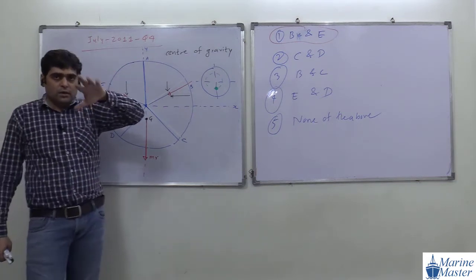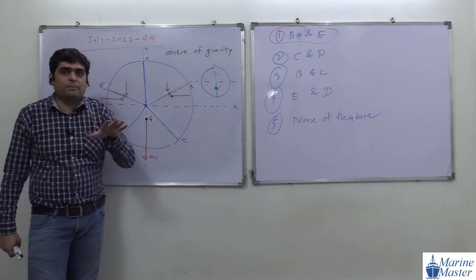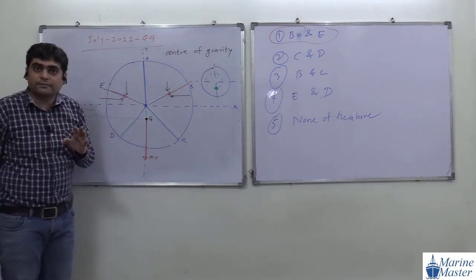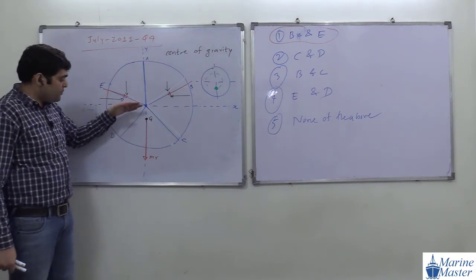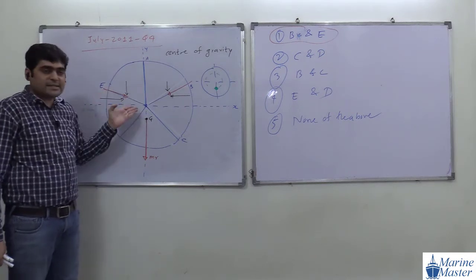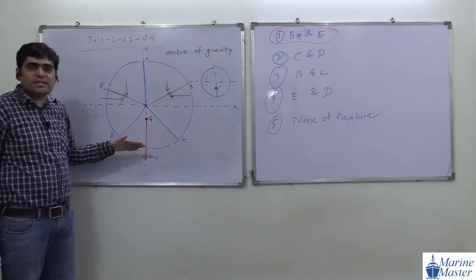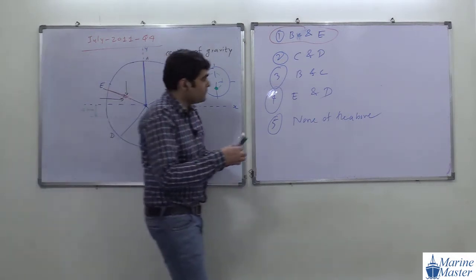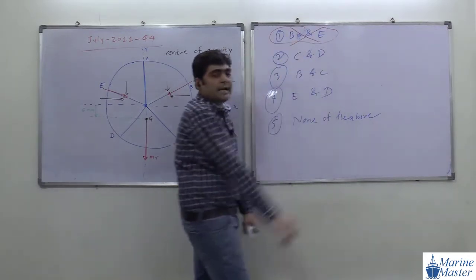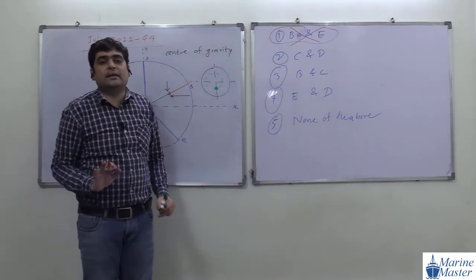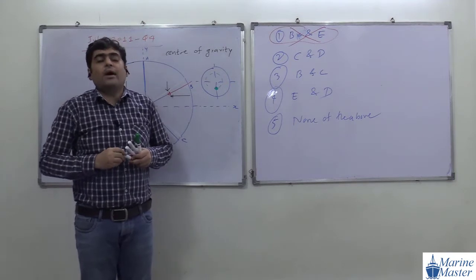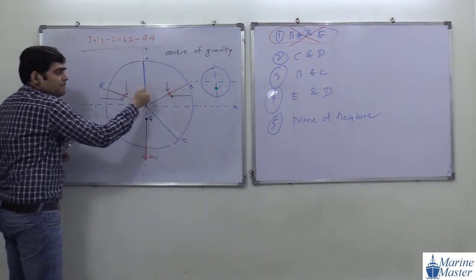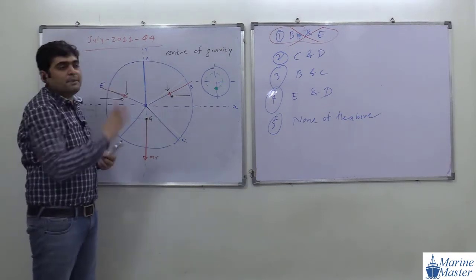Two ways we can explain: first by using this force diagram, or second by the material argument. Removing material from this side leaves more material on the other side, creating imbalance. So B and E is the wrong option. We can't take B and E because the imbalance will be more.